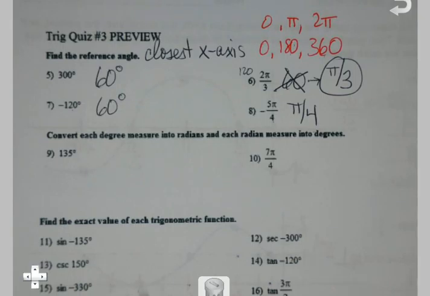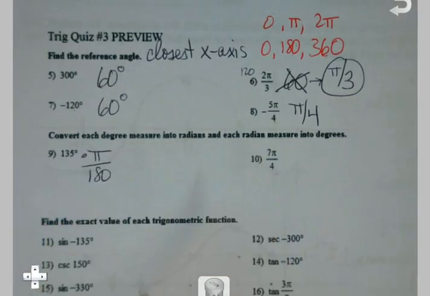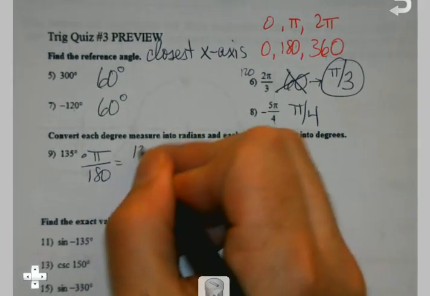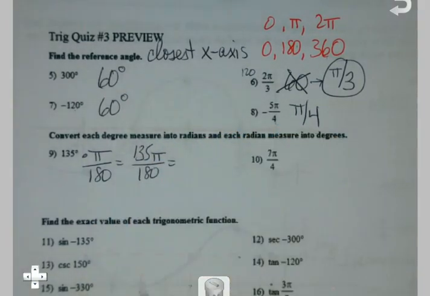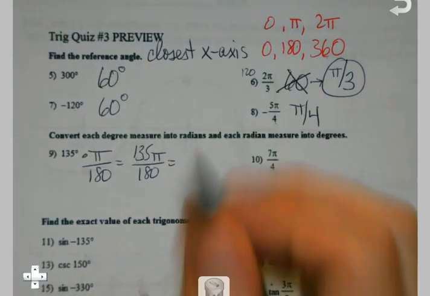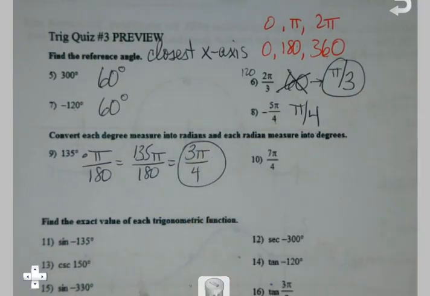Okay, convert each degree measure to radians and radian to degrees. Pi over 180. Reduce it. This is going to kill some of you that are going to math enter mode on this, because I am as serious as can be when I say we are not playing with calculators on these quizzes.